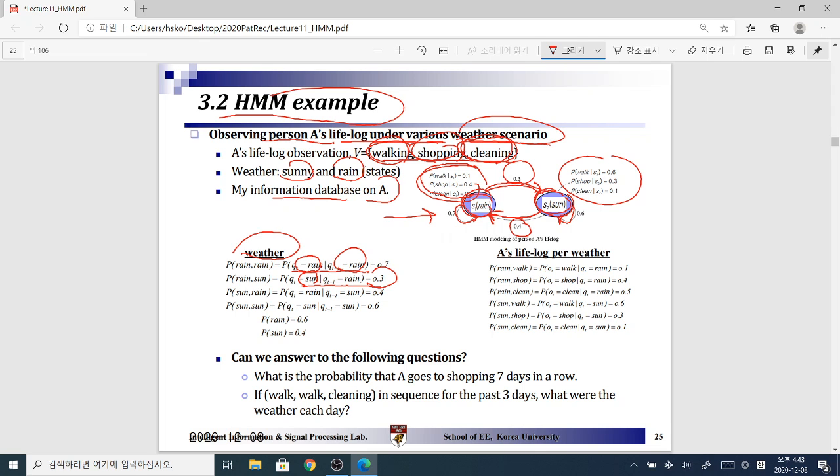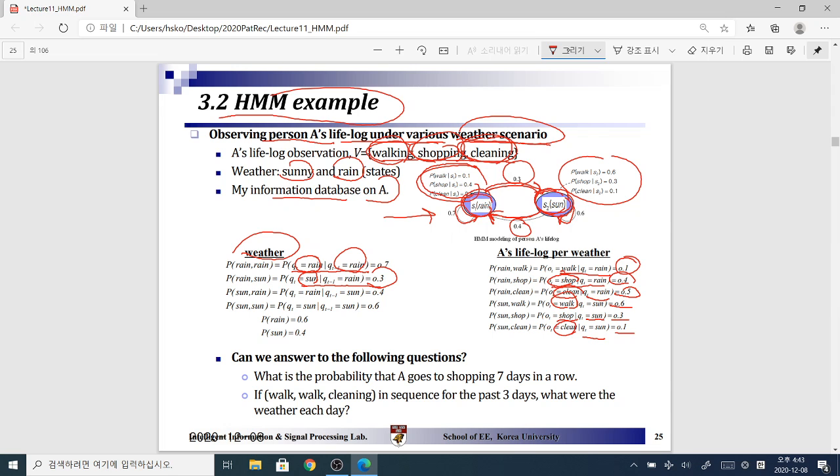For example, this person walking while raining would be, say, 0.1, under the state of rain the probability of shopping would be 0.4, and cleaning under rain would be 0.5. And under sunny, the same person walking would be 0.6, shopping would be 0.3, and the activity being clean would be 0.1.